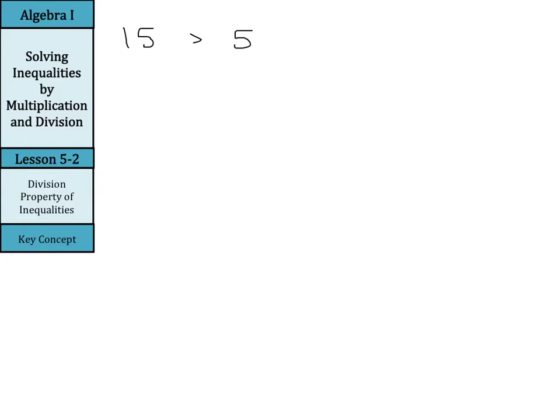What if we take that 15 and 5 and divide these by 5? Well, 15 divided by 5 is 3. 5 divided by 5 is 1. And 3 is still greater than 1. So again, when we're dividing by a positive number, it does not appear to change anything.